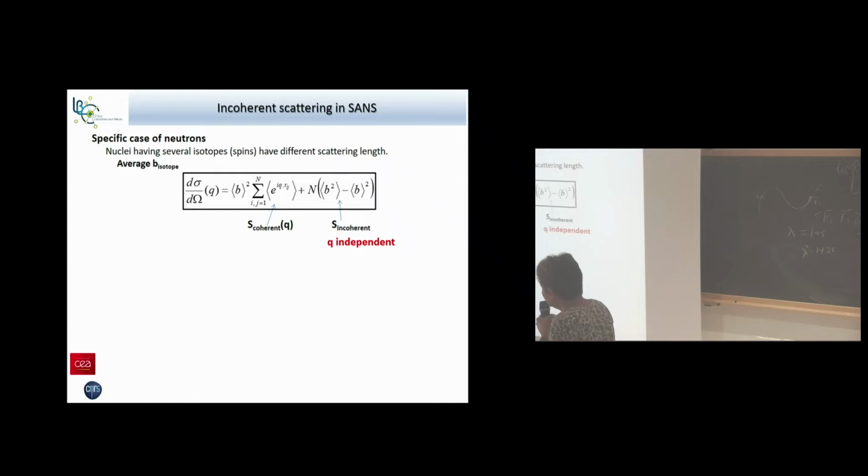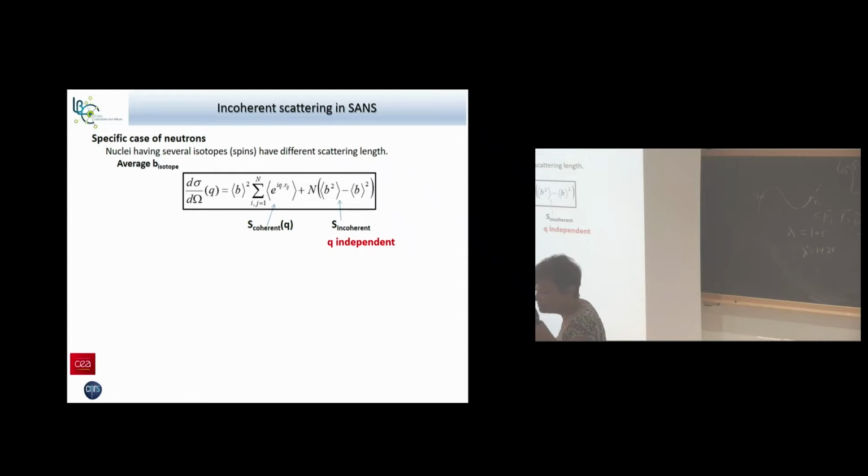What will be interesting is what we call the coherent signal, S of Q, which will give us the fluctuations of elementary scatterers inside the sample. This is a parameter that we want to determine to know the structure of the sample.